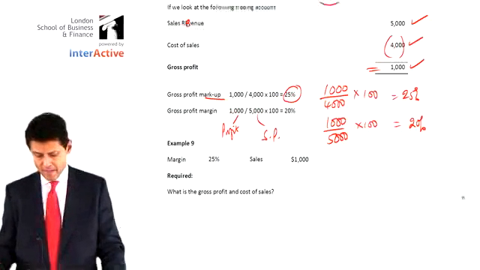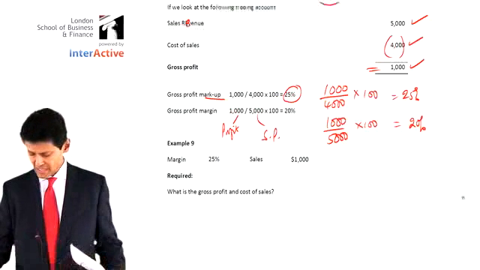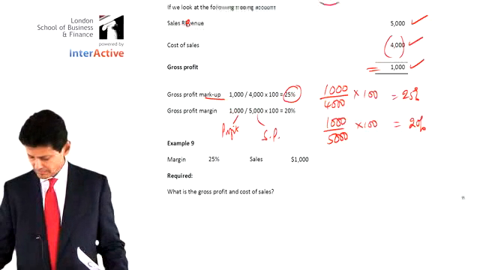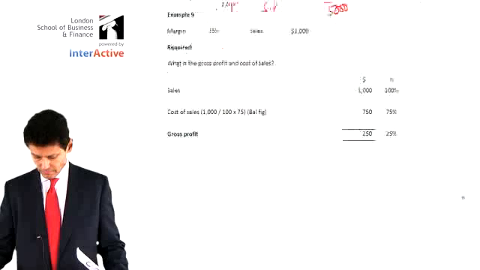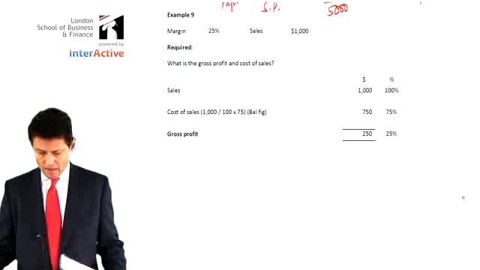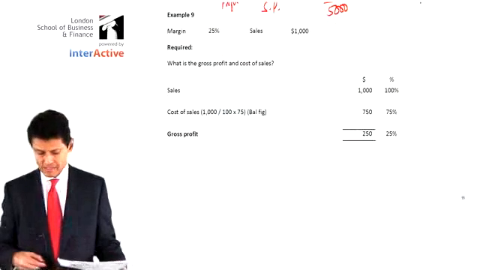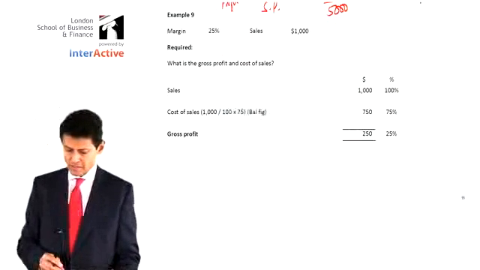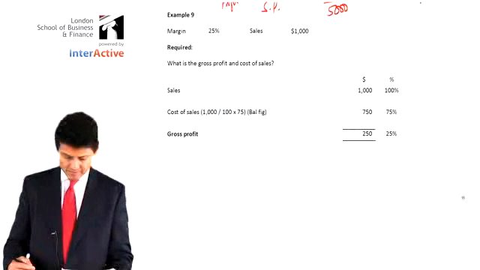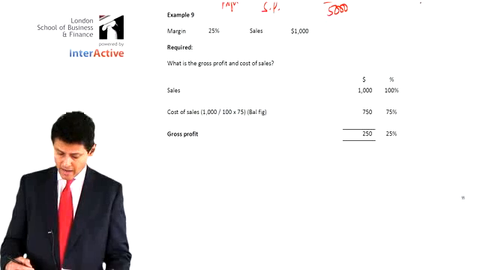Example 9, if I may interest you in a couple more of these little exercises. Margin is 25%, sales is 1,000. What is the gross profit and cost of sales? Now, quite interesting this one.